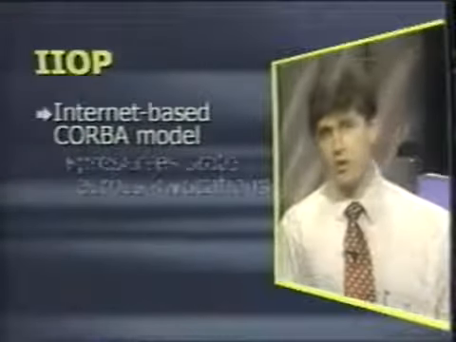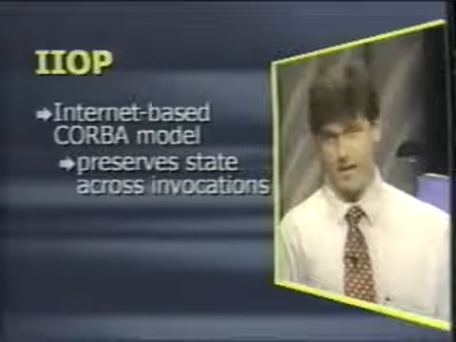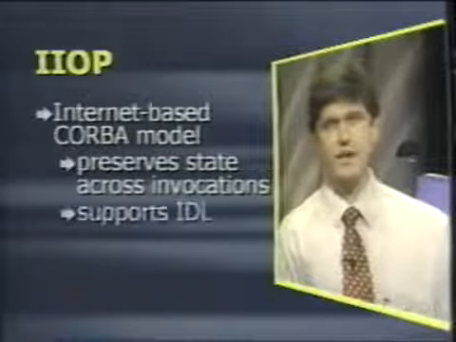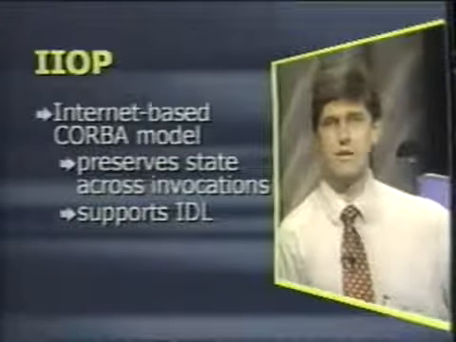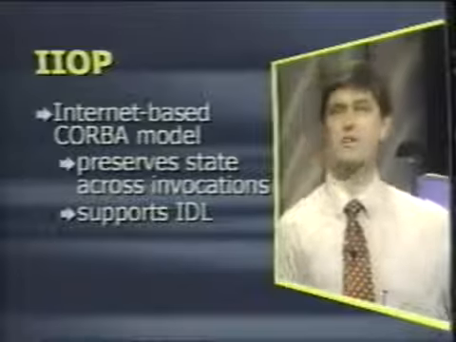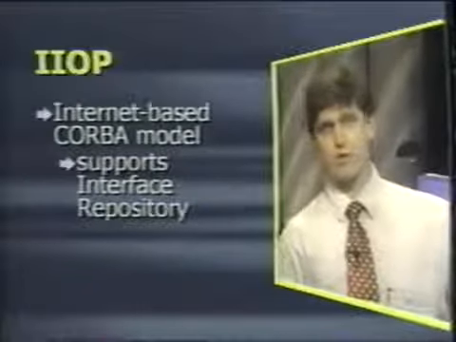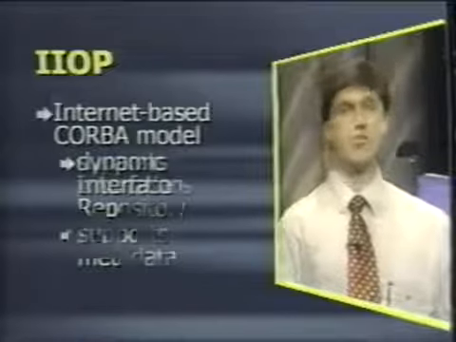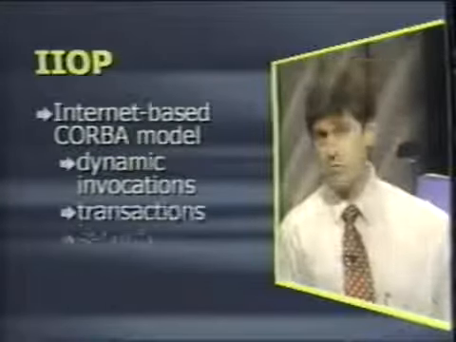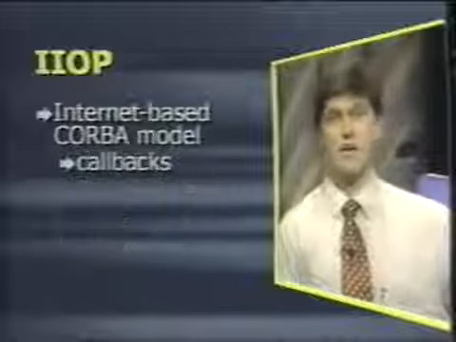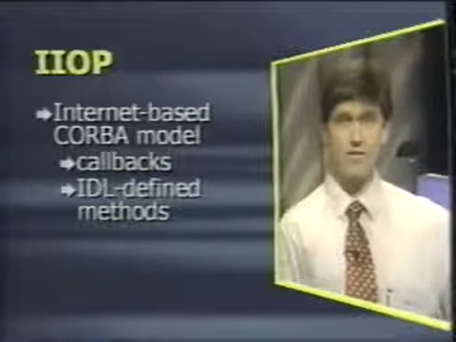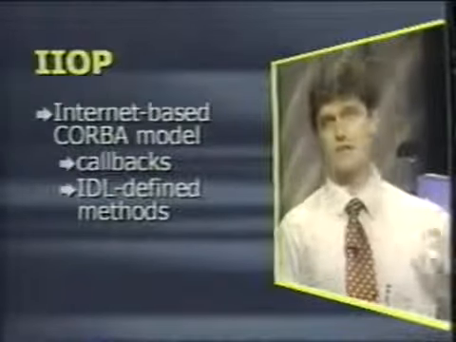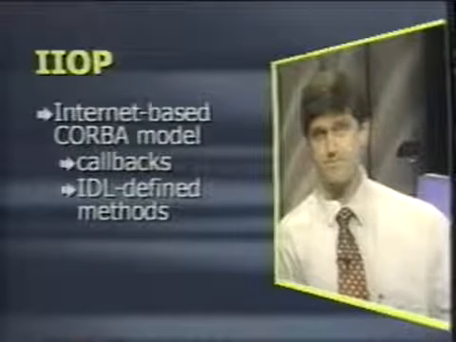And this model preserves state across invocations. It supports the IDL as it has to in any CORBA implementation. It supports the same interface repositories. It supports metadata, dynamic invocations, the transactions, the same security model and callbacks, and all of the IDL defined methods that we've seen in raw CORBA and in the Java IDL.